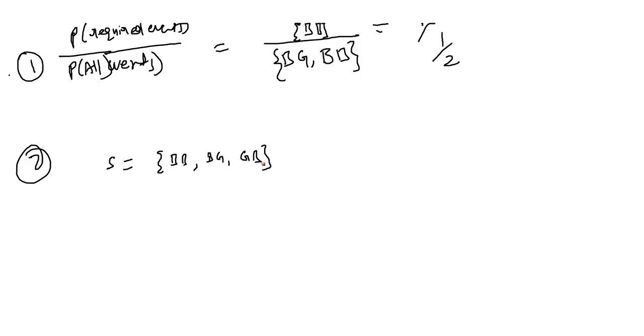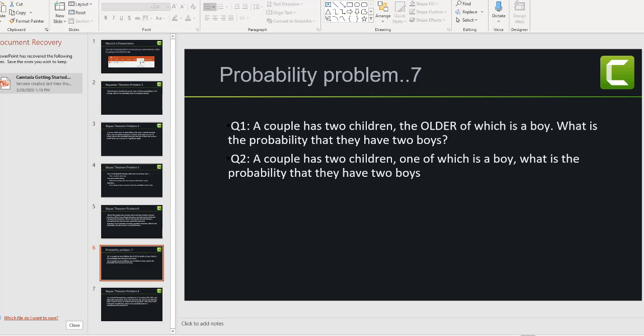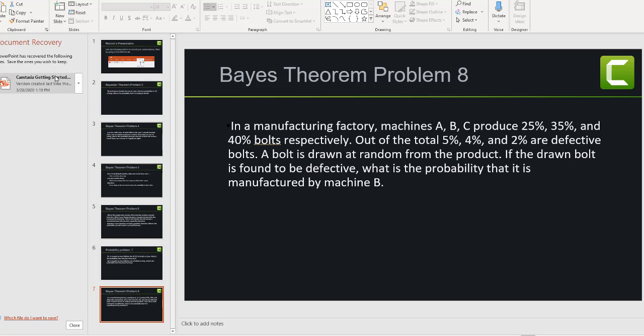One of them is a boy in each of these cases. So this is the whole sample space, but both being boys is only one case. So this one is 1 by 3. It doesn't really require a Bayesian solution, but I think it's good enough. Let's look at one more problem before we wrap up this video.